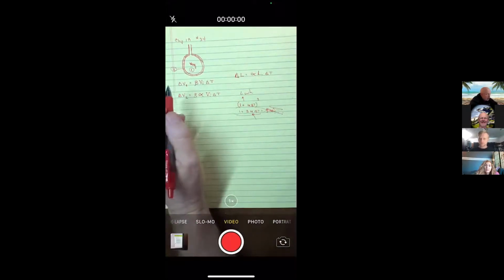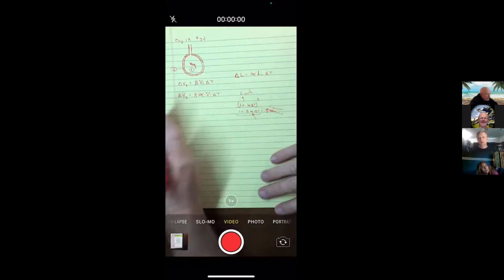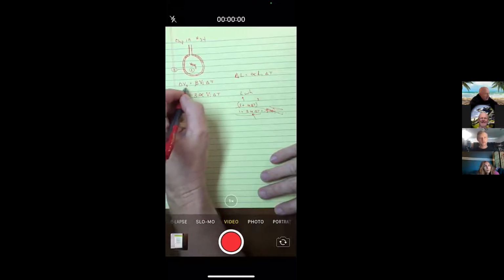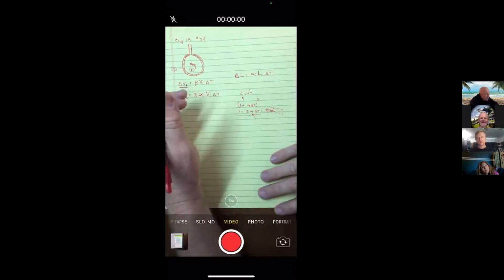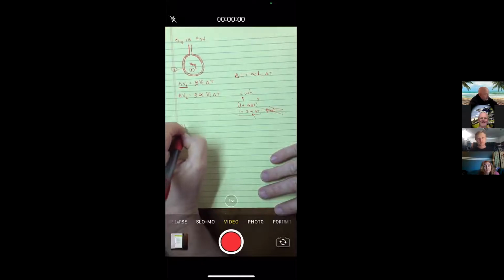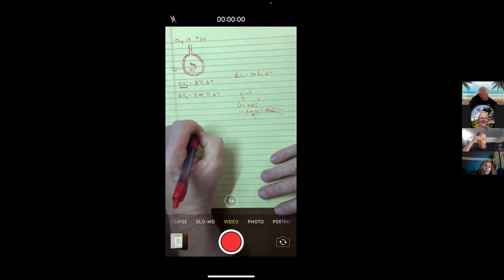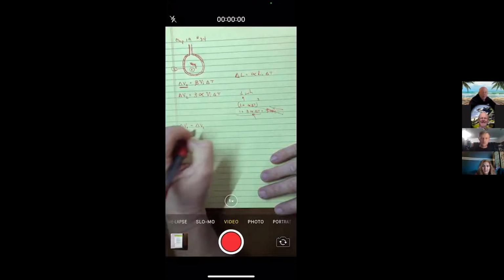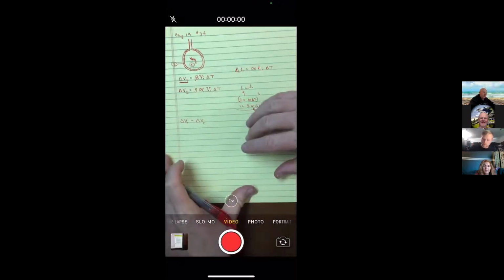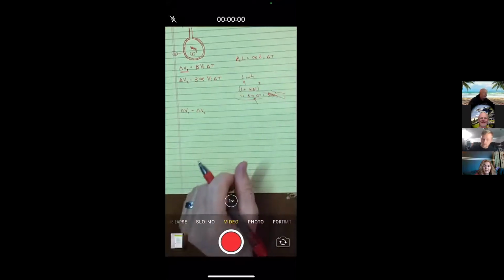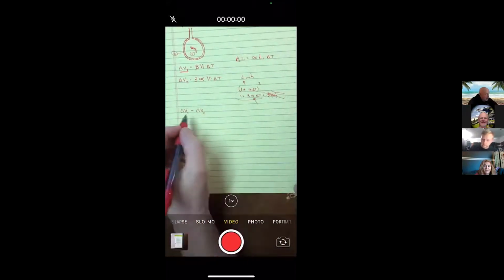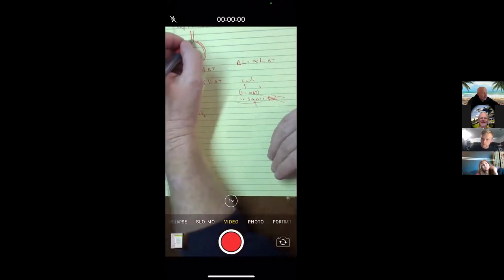Okay, so if we take volume number 1 to be the increase of the liquid, but if we subtract off the increase of the container, the difference between those is how much actually goes up the capillary tube.